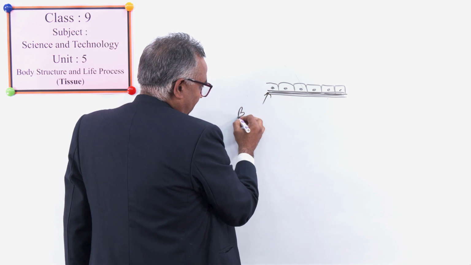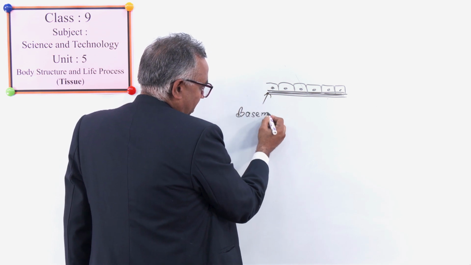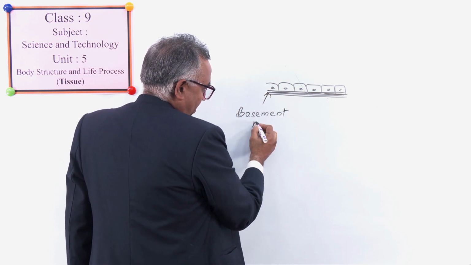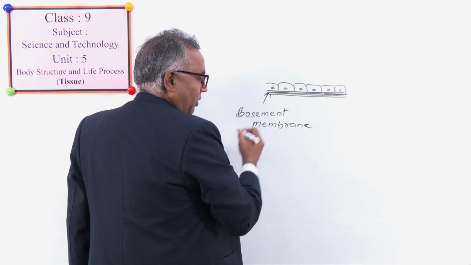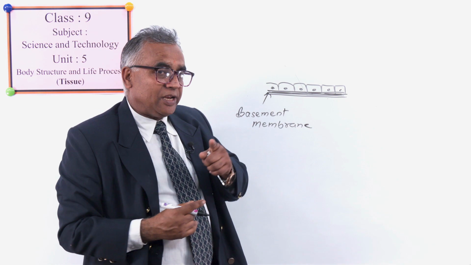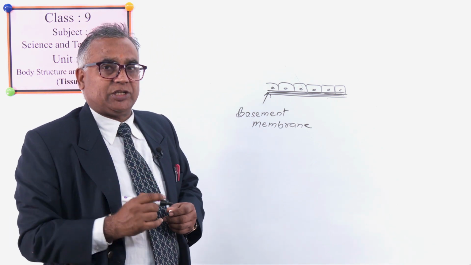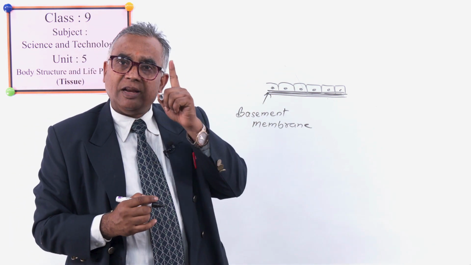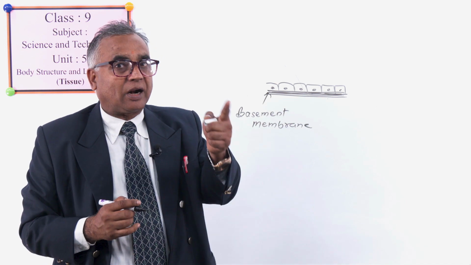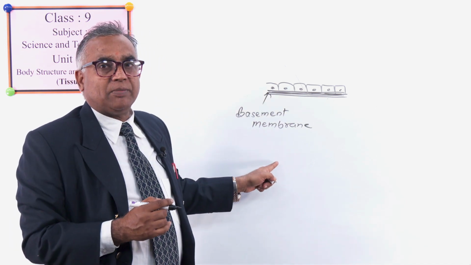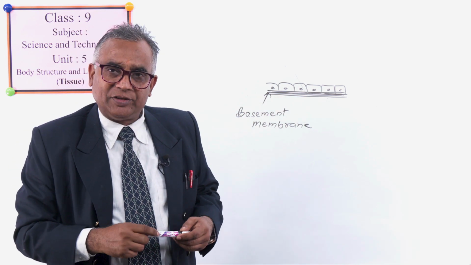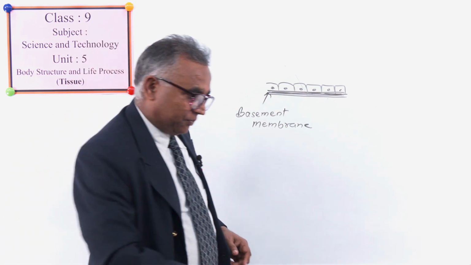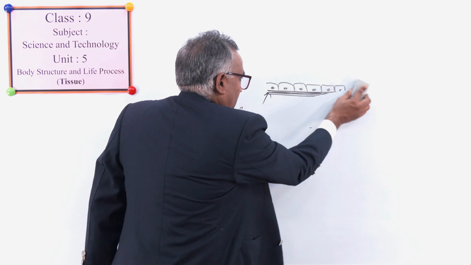That layer is called what? Basement membrane. It is a special characteristic of this tissue that epithelial tissues have cells arranged on a basement membrane. In any other animal tissue, basement membranes are not found. Keep in mind. So that is basement membrane.